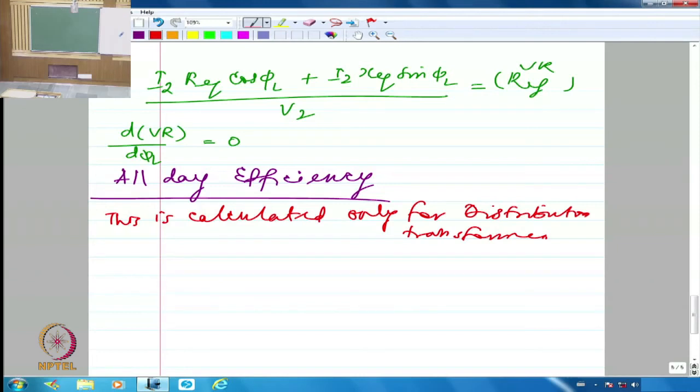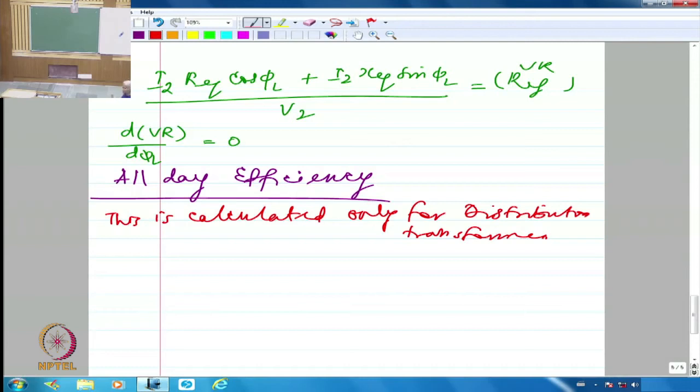So if it is generating full power, then the transformer will also be handling full power. So the generator transformer or power transformer will be designed in such a way that it will always have maximum efficiency at 100% load. Whereas a distribution transformer will always have variable load.